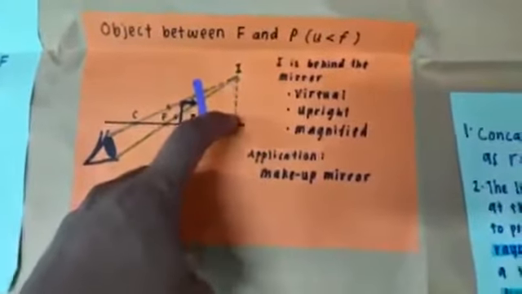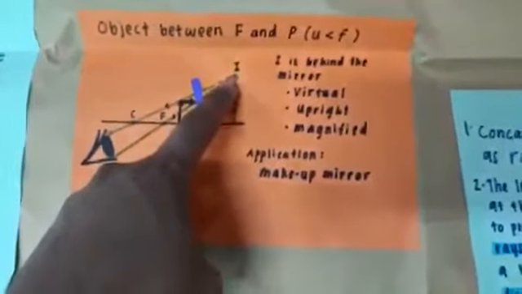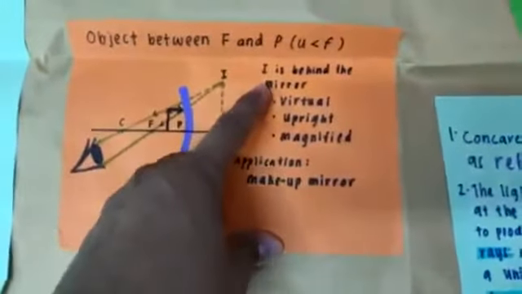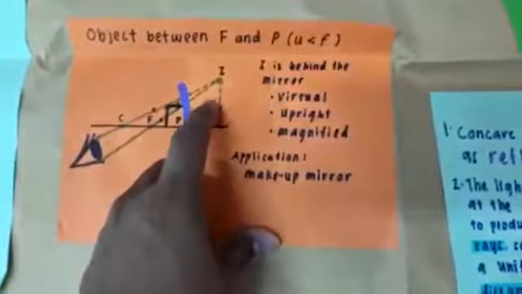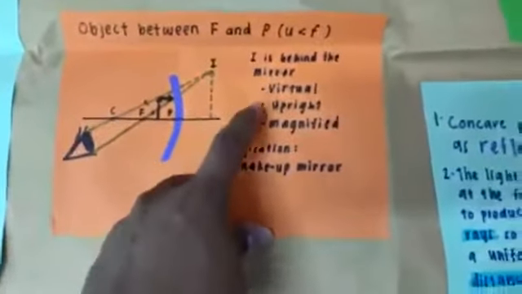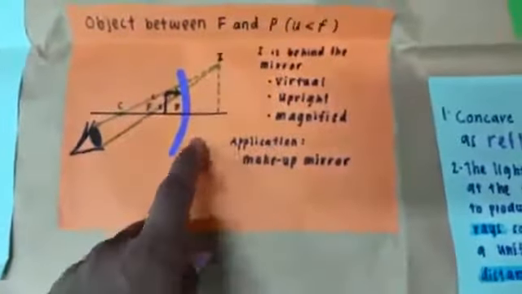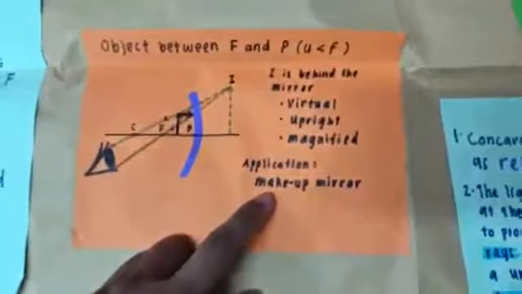If this happens, the image is called virtual. This is why the image that occurs behind the mirror is called virtual, upright and magnified. This is the application used in the makeup mirror.